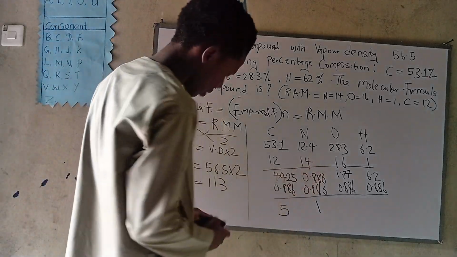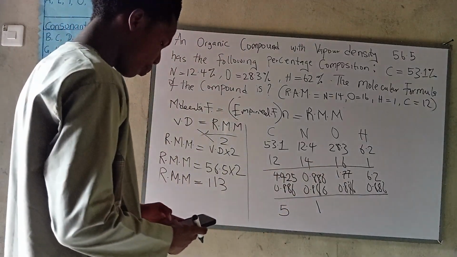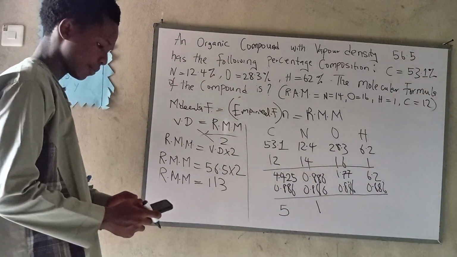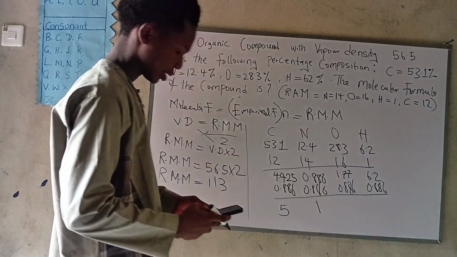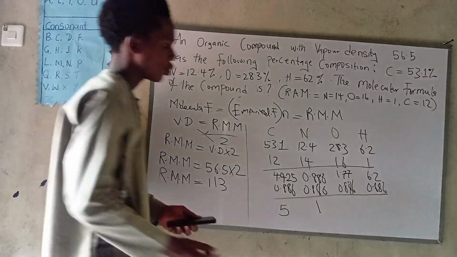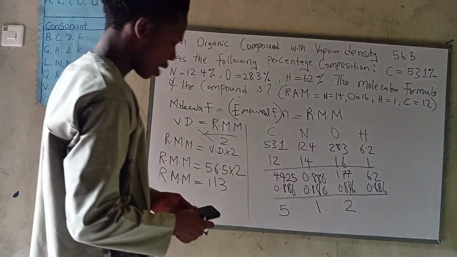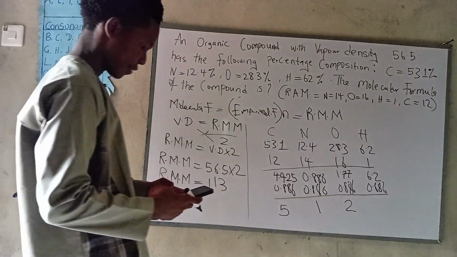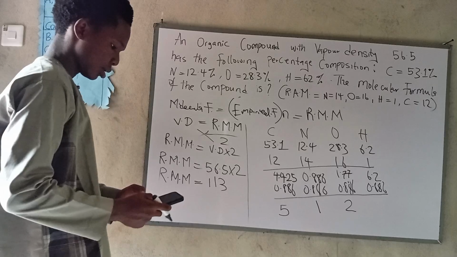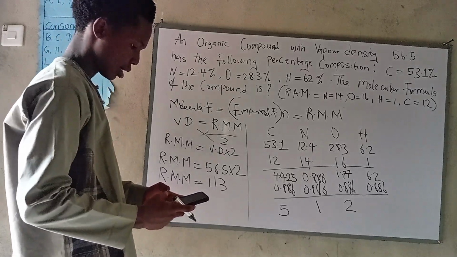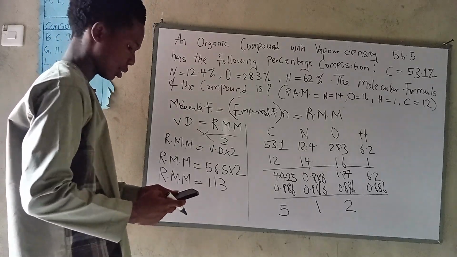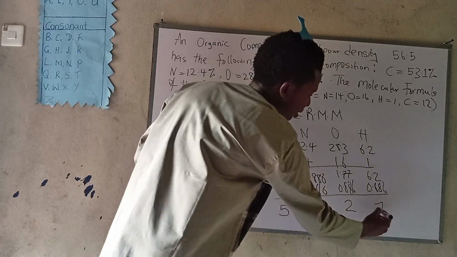Now, here, what do we have? 1.77 divided by 0.886. We are going to have approximately 2. Now, our hydrogen, what do we have there? 6.2 divided by 0.886. We have approximately 7.